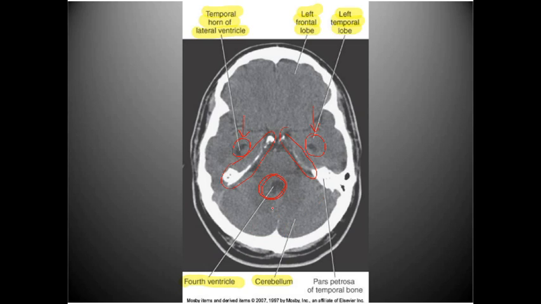So this area is the cerebellum, and we can see this white structure being the tentorium cerebelli, separating the cerebrum from the cerebellum.